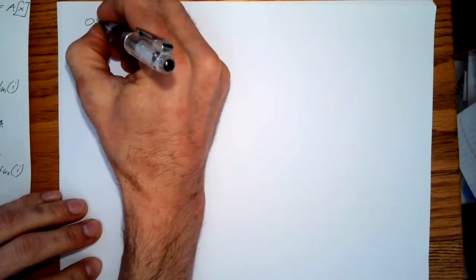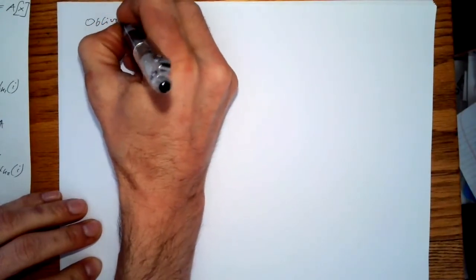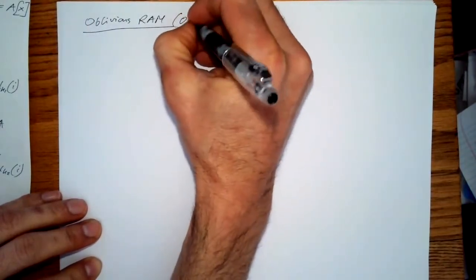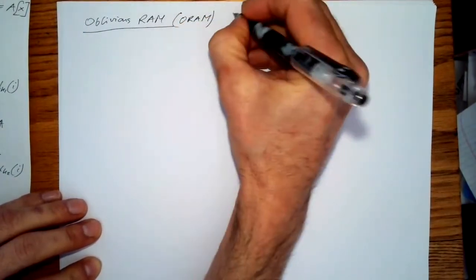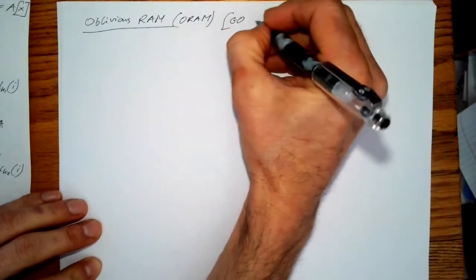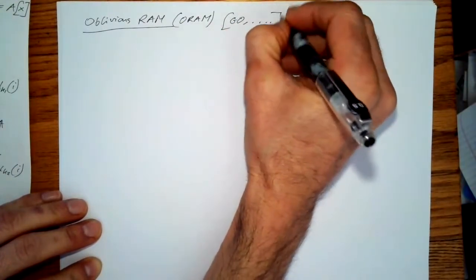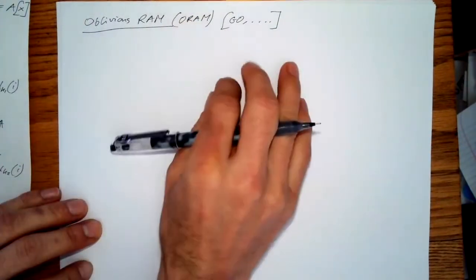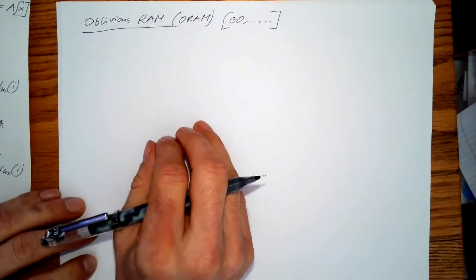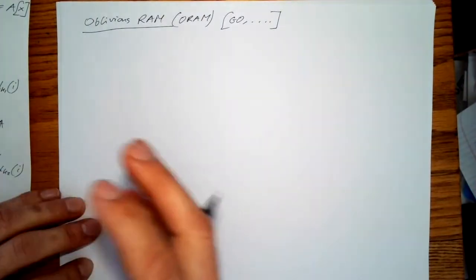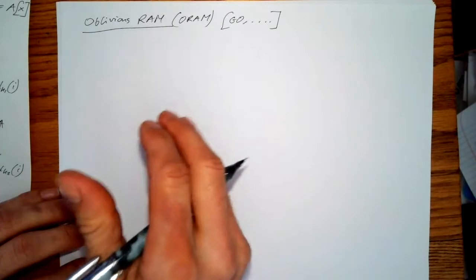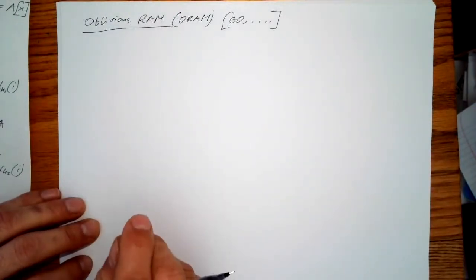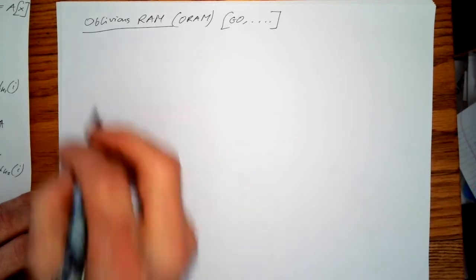So here is the oblivious RAM problem, ORAM. This started with the work of Goldreich and Ostrovsky and had many follow-ups. It's a beautiful problem with lots of practical applications to privacy-preserving storage and computation on large data.